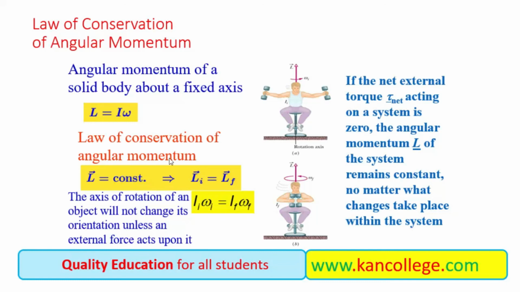It means that the law of conservation of angular momentum remains valid until and unless an external force or external torque disturbs the system. Inside changes don't change the total angular momentum, and the total angular momentum remains constant.